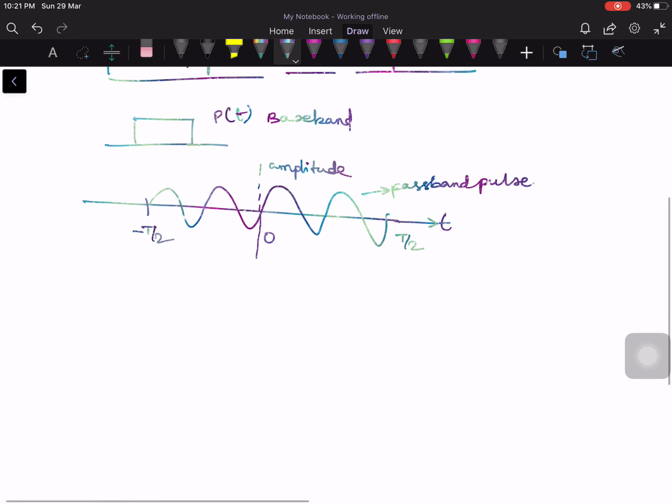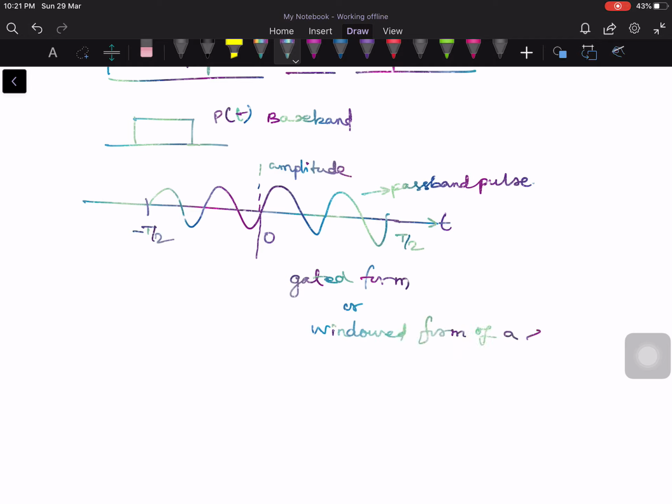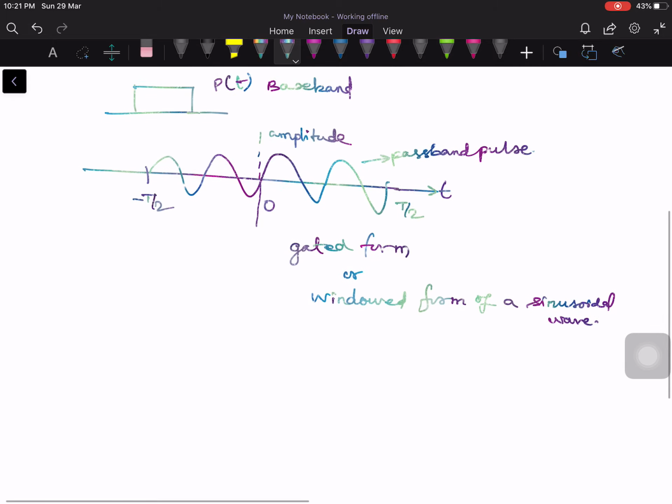So the sine wave is in gated or windowed form. This is also called the gated form or windowed form of a sinusoidal wave. Basically it is a finite duration sinusoid.